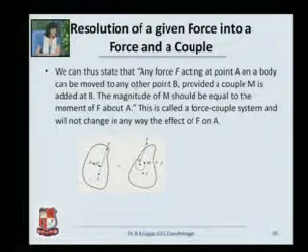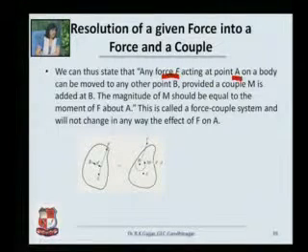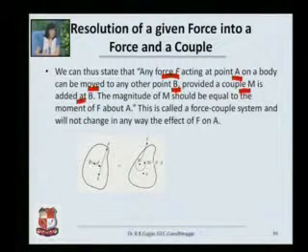So we can now very easily say that any force F acting at a point A on a body can be moved to any other part of the body, say point B, provided a couple M is added at B. Very simple.